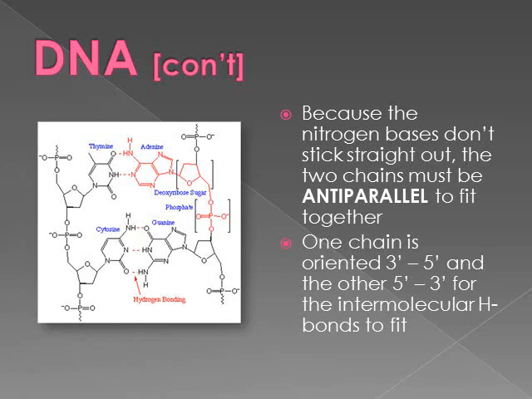We use the numbering on the carbon of the sugar to tell us which way a particular strand is oriented. When we're talking about a DNA double helix, we will say that one chain is oriented 3' to 5' and the other one is oriented 5' to 3' in order for the hydrogen bonding to occur.